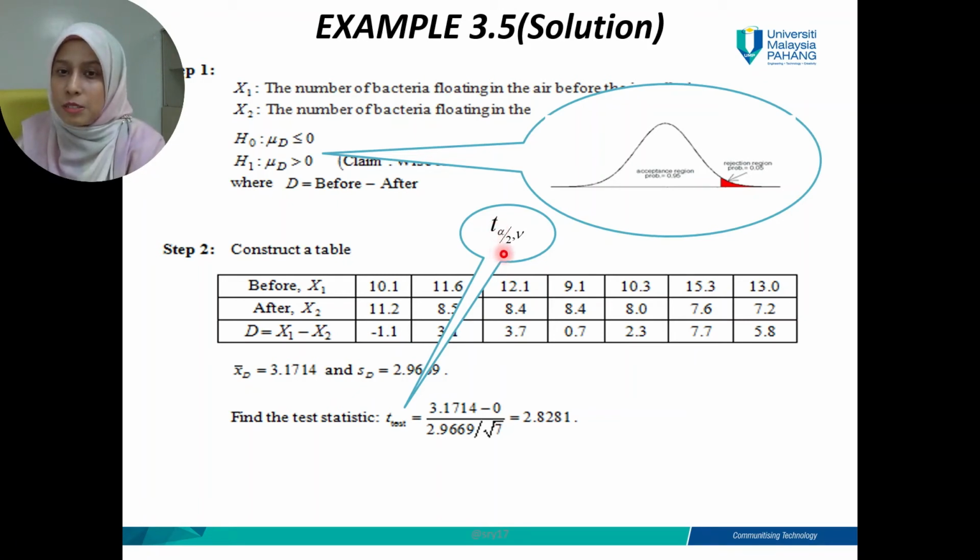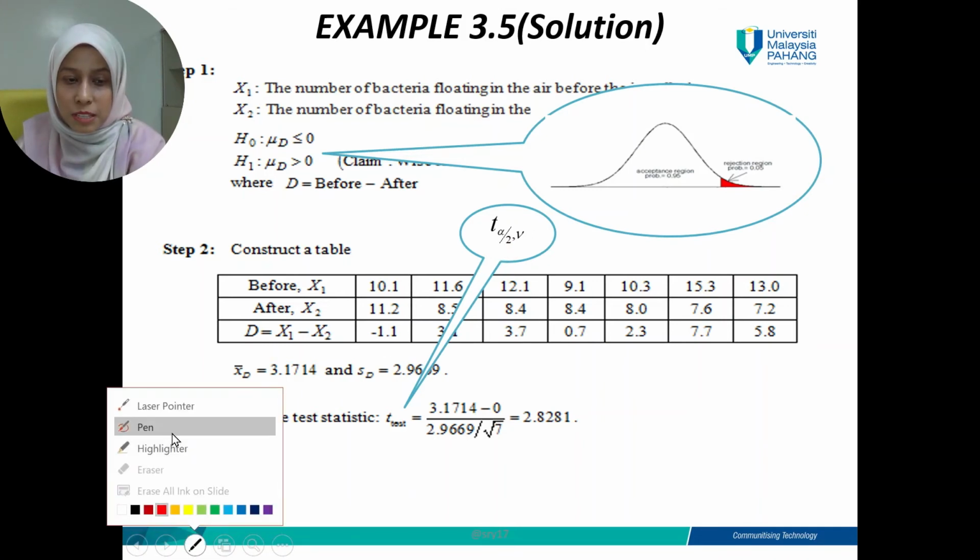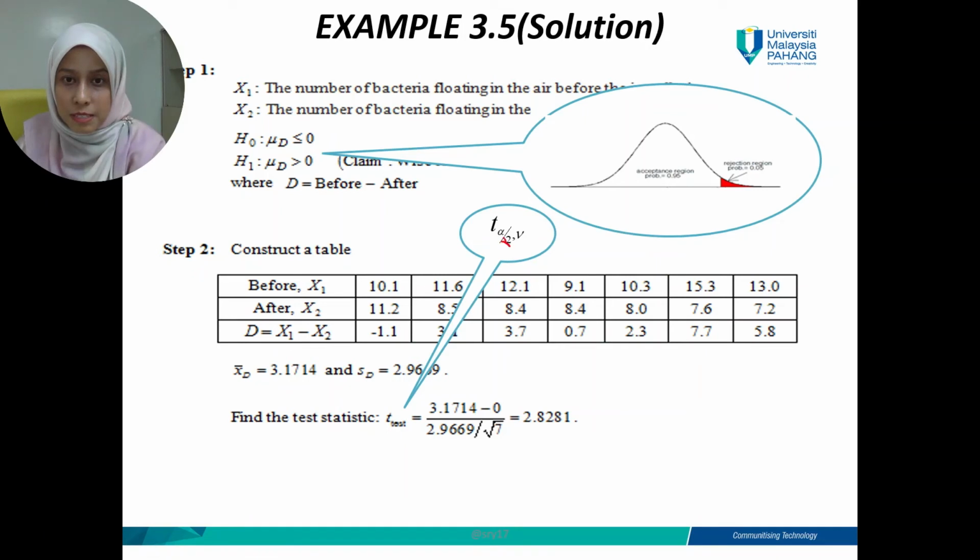So this is a correction, I'm sorry. Supposedly this is only t alpha. It doesn't need to be divided by 2 because this is a one-tail test. A right tail test is a one-tail test. So your critical value here will be t alpha nu. You don't need to divide it by 2.